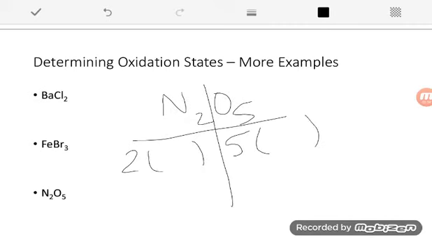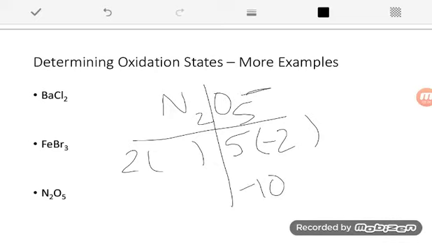The basic rule is that the more electronegative atom gets to have the charge it wants from the periodic table, while the other atom has to be whatever makes the charges cancel out. A good rule of thumb is the element on the right always gets priority. It always gets to do what it wants. So here we have oxygen. Its charge from the periodic table is -2. So the total negative charge is -10.